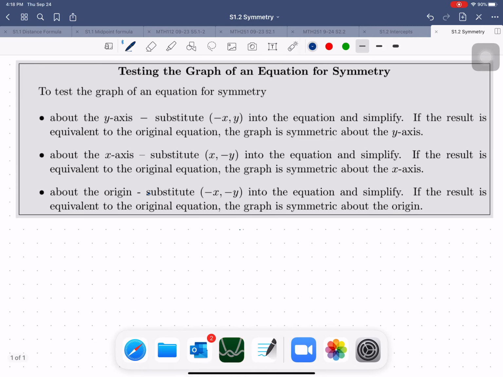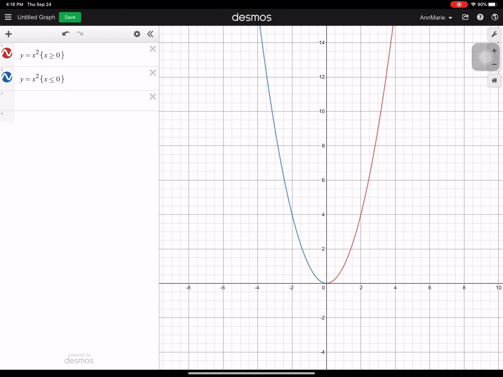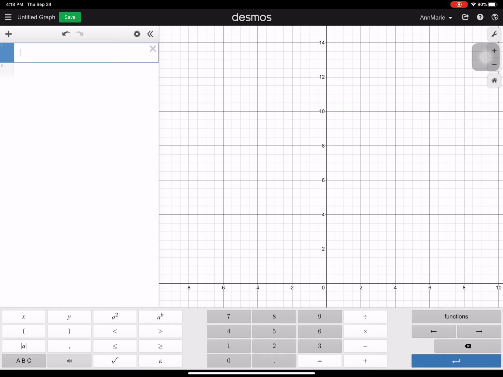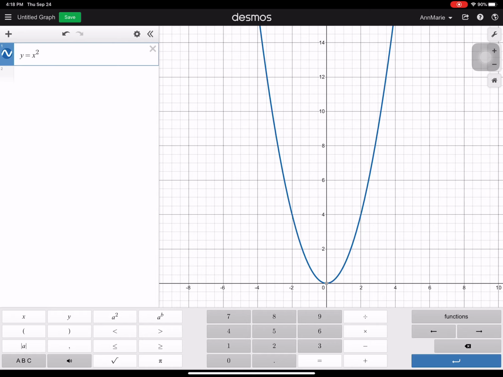Let's take a look at a couple of functions. Let's take a look at the function y equals x squared. You can see that this function mirrors itself across the y-axis. There are mirror points. For example, looking at x equals 2, the function goes through the point 2, 4.